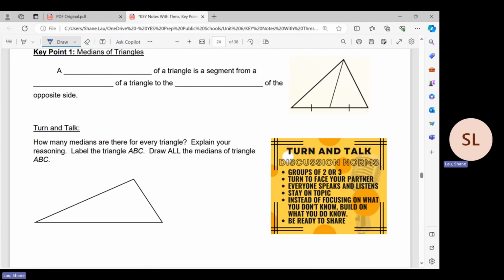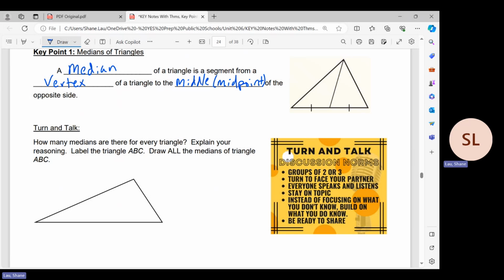Go ahead. If you missed our key points, we're going to have a median of a triangle is a segment from a vertex of a triangle to the midpoint of the opposite side.